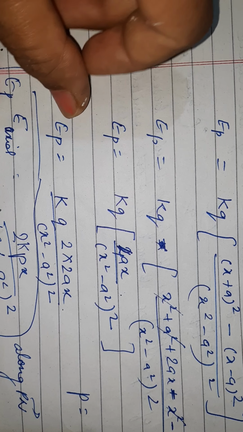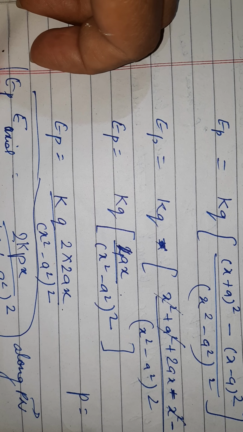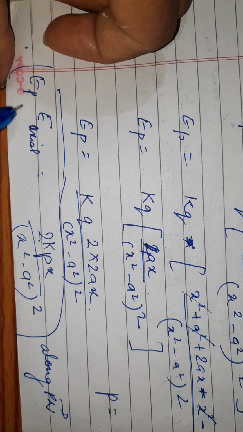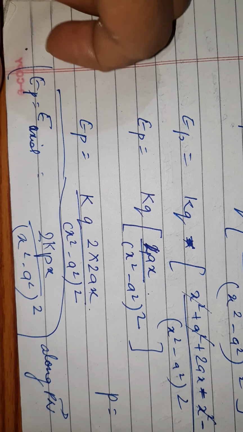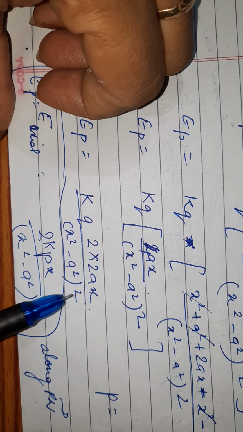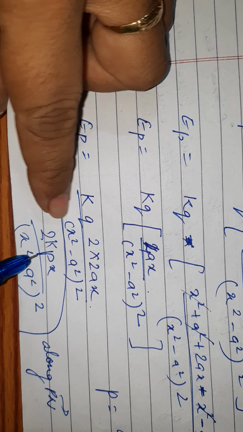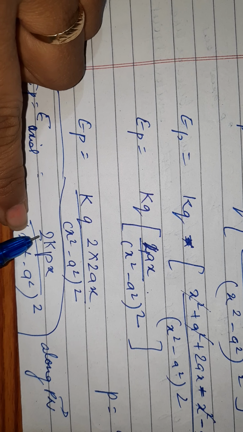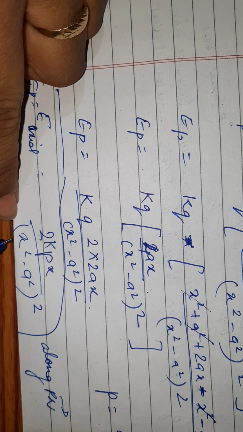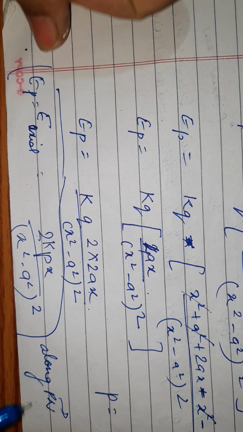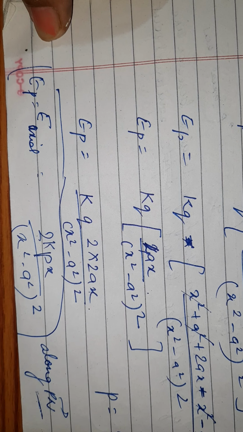Okay, so electric field at axial point due to an electric dipole can be written as, we have substituted the value of 2aQ as P here. So it can be written as 2kpx upon (x square minus a square) whole square, and the direction will be along PN. Fine.